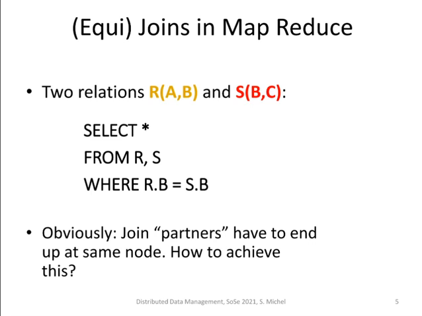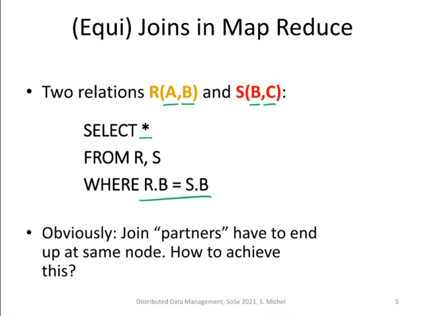So now we have here two relations, R and S. And you see here we have R with A and B attributes, and here we have B and C attributes. Now this, of course, looks already like we want to join it, and yes, we want to join it. And here we are writing the join query, select everything from R and S where this join predicate holds.